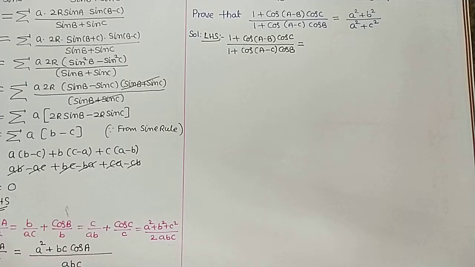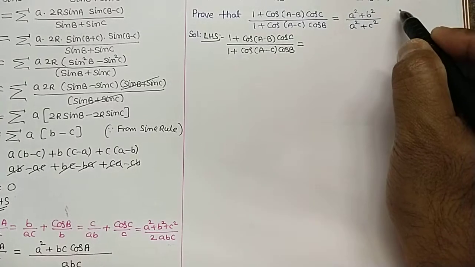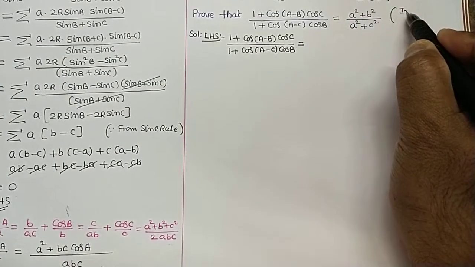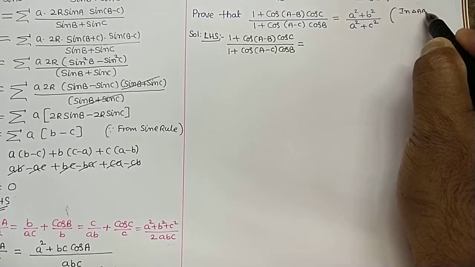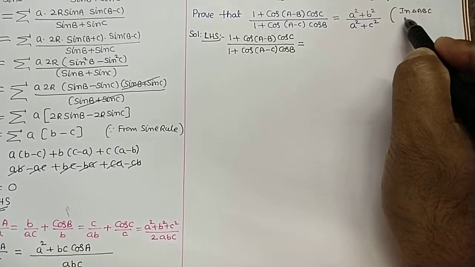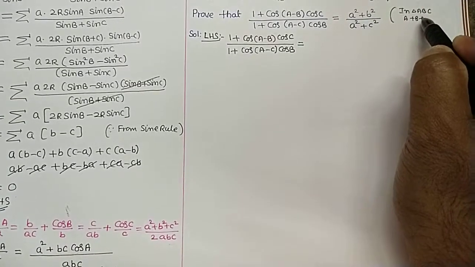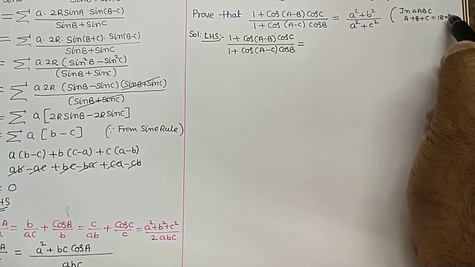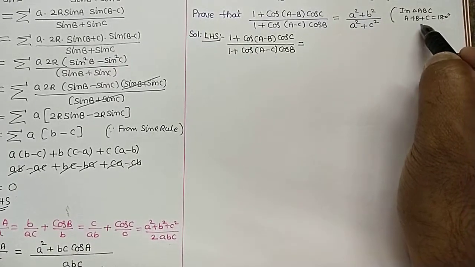in triangle ABC we know that, since here cos C and cos B are there, A plus B plus C is equal to 180. From that, we can take C as the subject.